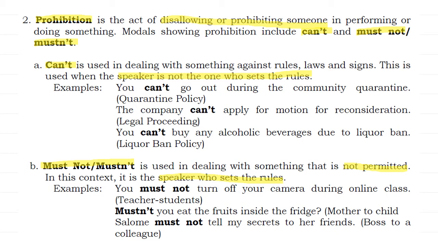This is set by the teacher for her students. Next, you mustn't eat the fruits inside the fridge. From the mother to her child. And then the third example, Salome must not tell my secrets to her friends. That is according to a boss for his colleague.